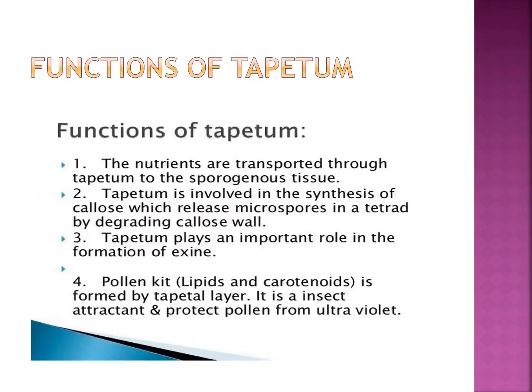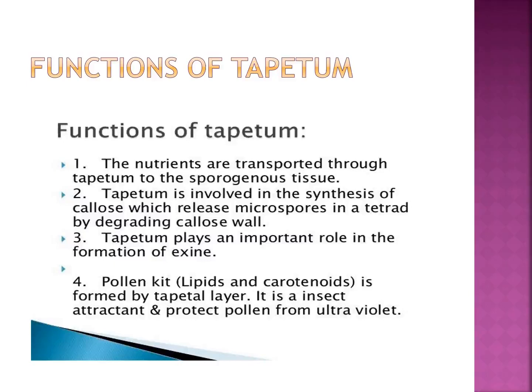Functions of tapetum. Nutrients are transported through the tapetum to the sporogenous tissue. It synthesizes cellulase and releases microspores from the tetrad by degrading the cellulose wall. What is a tetrad? That is 4 cells.